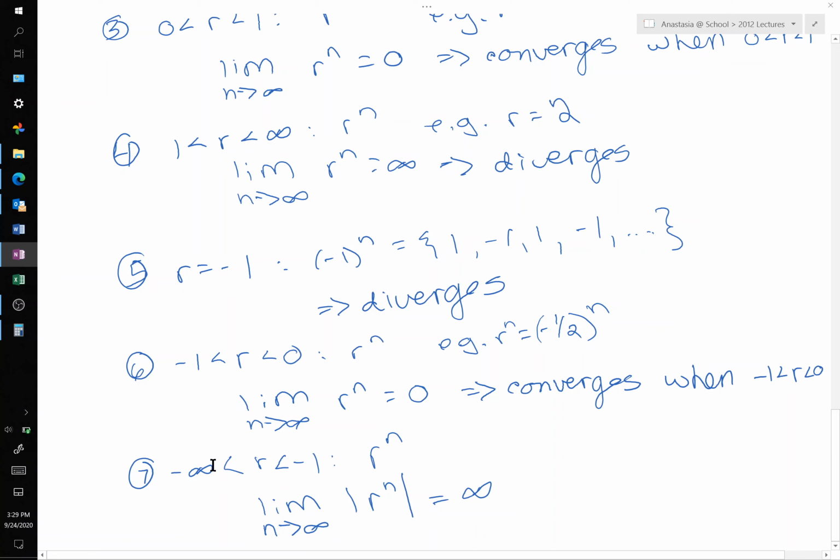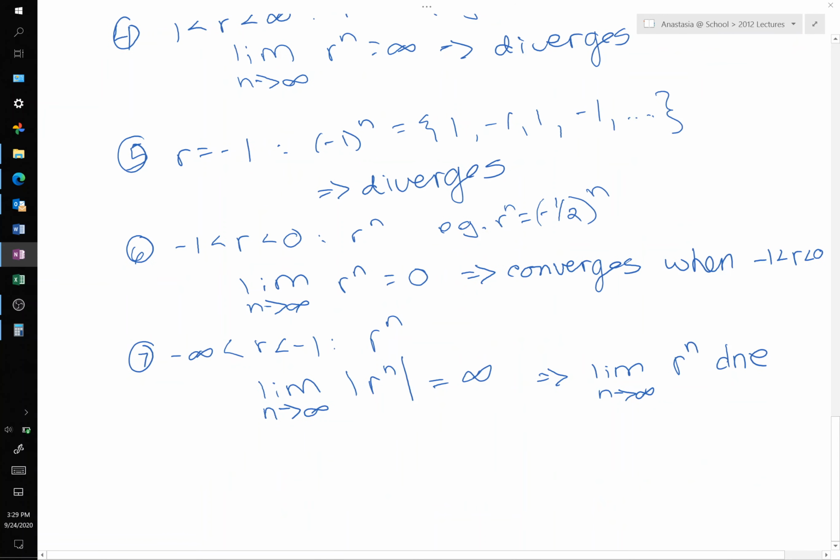If we just consider the magnitude of the terms, then we would get back to the case which we've already considered. So those are going to blow up. This means that the limit as n goes to infinity of r^n does not exist. If you recall, we had a theorem helping us out there, which means that the sequence diverges in this case.